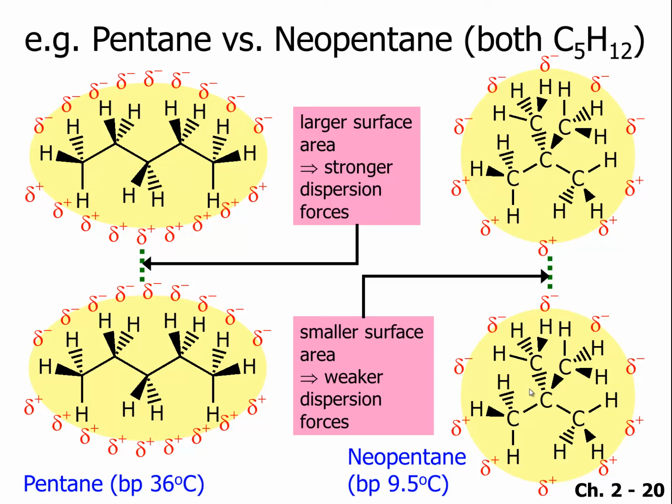And of course, if we look up the boiling points for each of these, we'll see that there is a difference, right? Even though they have the same molecular formula, here we've got pentane, boiling point of 36, versus neopentane, boiling point of roughly 10. So 26 degrees difference just because of the difference in surface area. Here we don't have a polarizability difference, right?